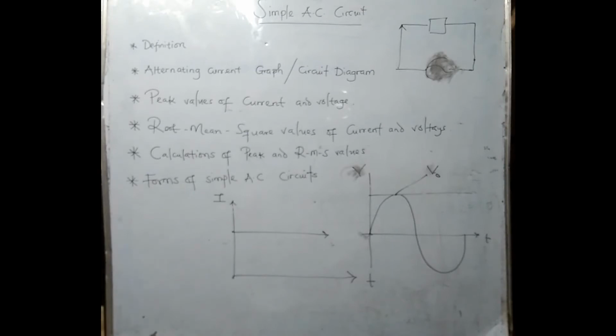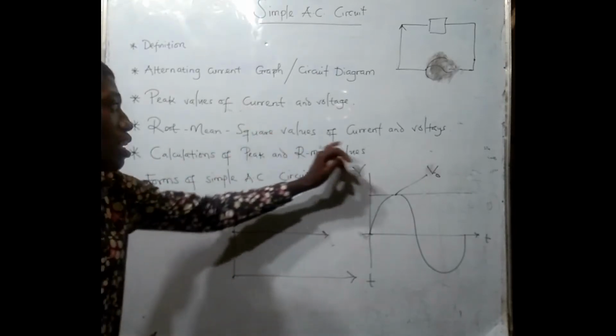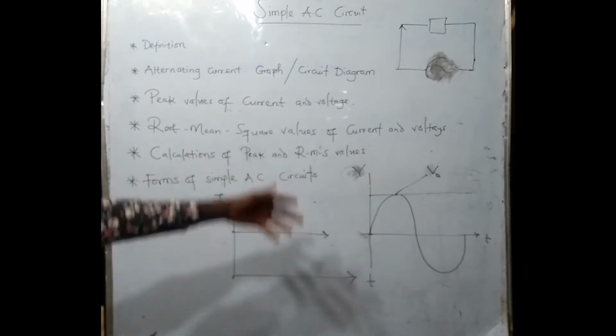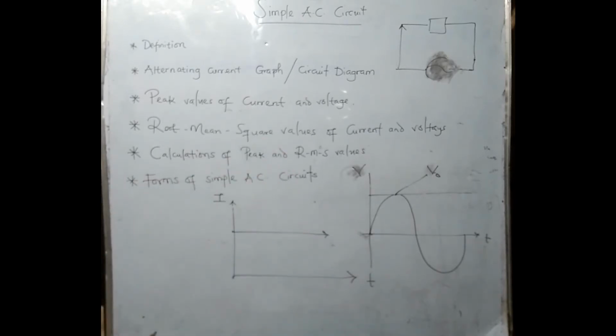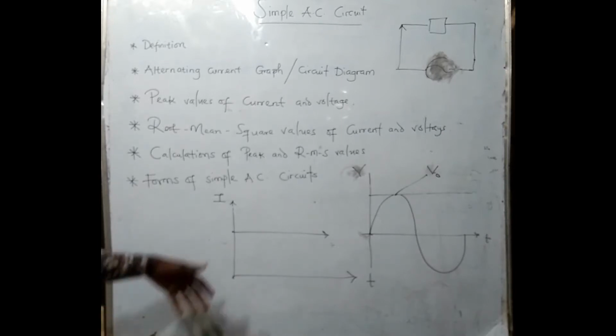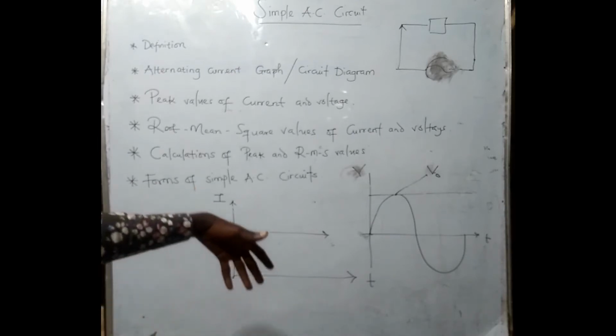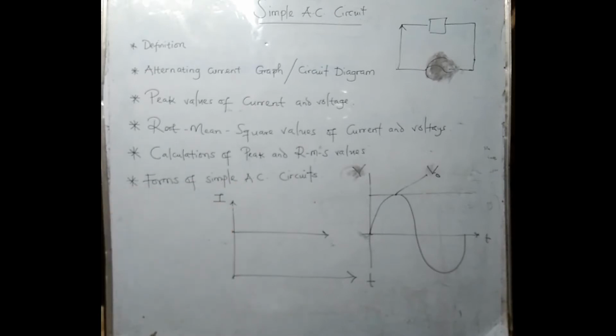And quickly we would like to discuss what we mean by root mean square values of our current and our voltage. The root mean square values of our current and our voltage is essentially the effective value of our current, and we can also have it as the equivalent to the steady direct current that converts electrical energy to other forms of energy at the same average rate as the alternating current in a given resistance.